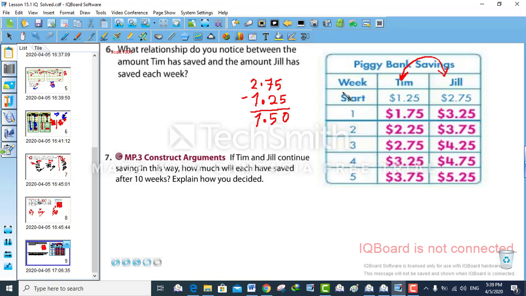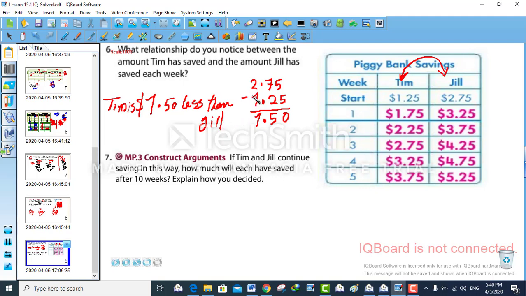So the relationship is that Tim is $1.50 less. Who? Tim. Tim is $1.50 less than whom? The other one, Joe.